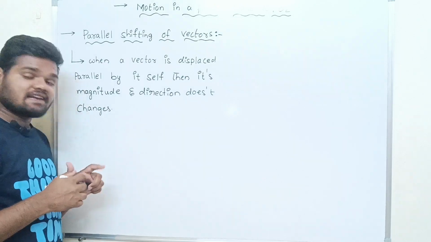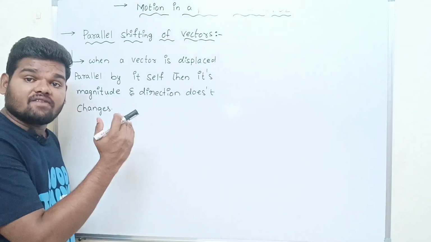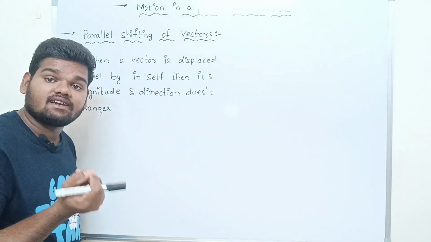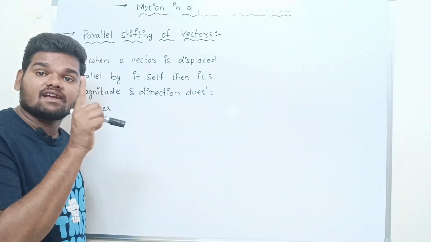So what is the meaning of parallel shifting of a vector? Whenever a vector is displaced parallel by itself, its direction and magnitude never change.